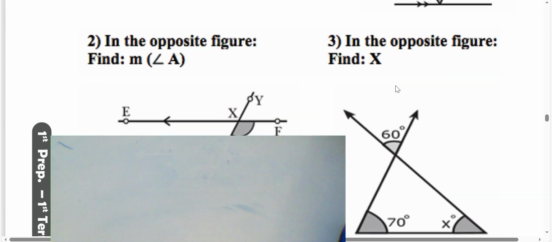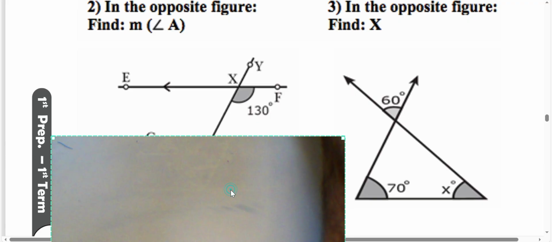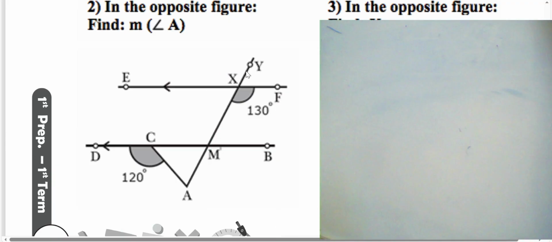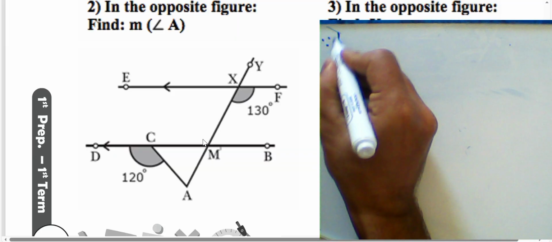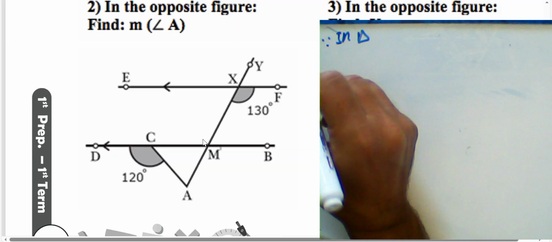Next question here, question number 2. In the opposite figure here, we want to find the measure of angle A. Look at here, we have 130 degrees, then the measure of angle x and c equals 130 degrees, alternate angles. So we can write a proof about this example here. First step, in the triangle, we write the name of the triangle.